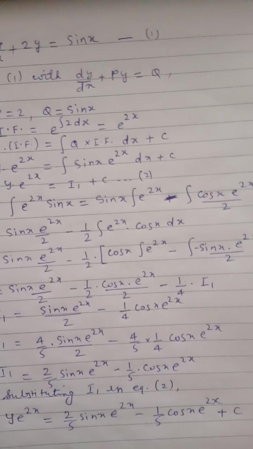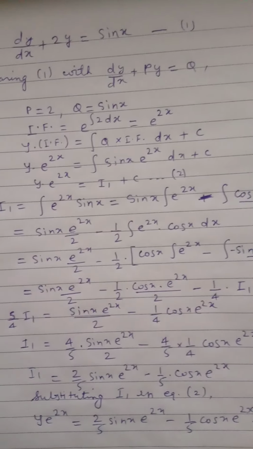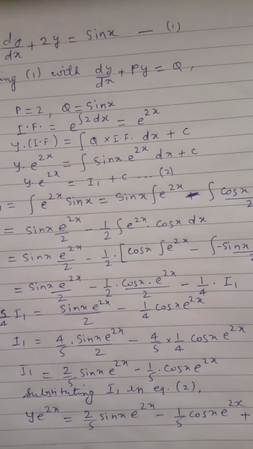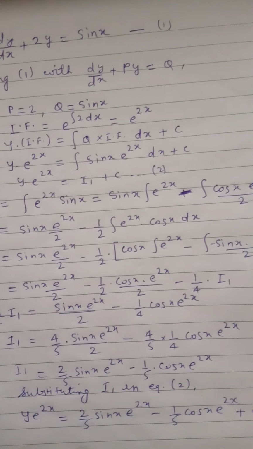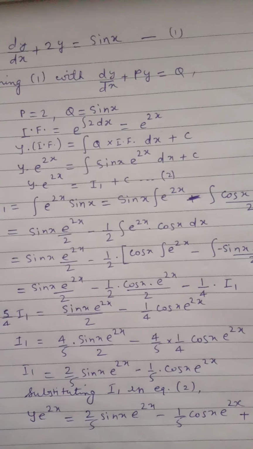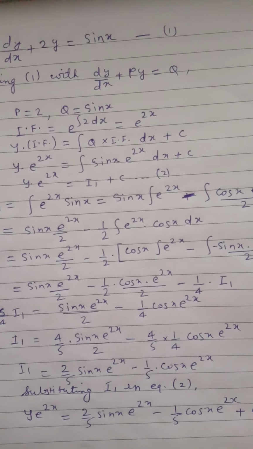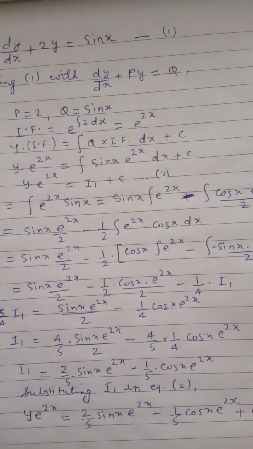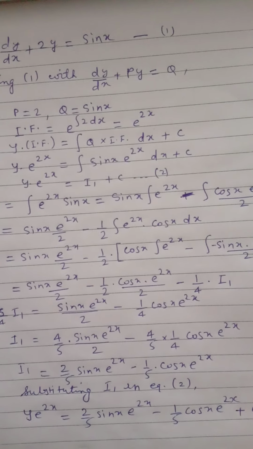So we will substitute it as I1. Now we take this 1 upon 4 I1 to the left hand side. We get 5 upon 4 I1 is equal to sin x upon 2 into e raised to 2x minus 1 upon 4 cos x e raised to 2x.